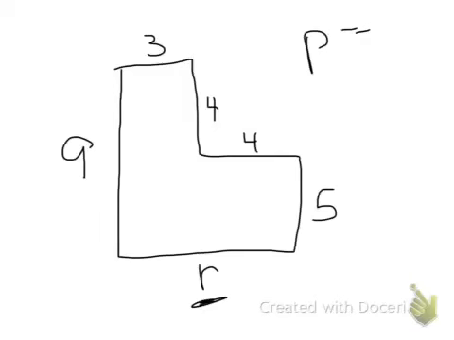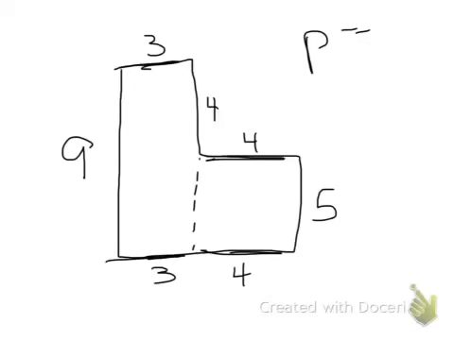Okay. So, first thing we need to do is figure out what R is. Well, we should know that if we split these two like this, if we pretended these were two different rectangles, then we would know that this side has to equal this side, so this right here is 4. And this side would have to equal this side, so this would be 3. So we would know that that whole R side would be 7.